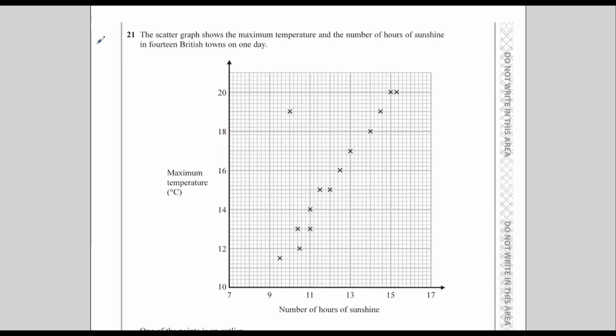Question 21. The scatter graph shows the maximum temperature and the number of hours of sunshine in 14 British towns on one day. Okay, so maximum temperature is at the side, and number of hours of sunshine is along the bottom.